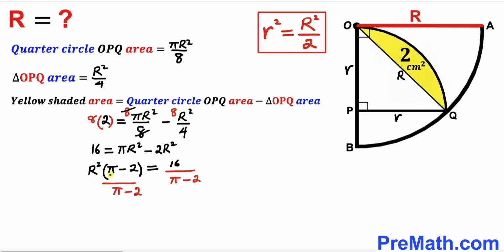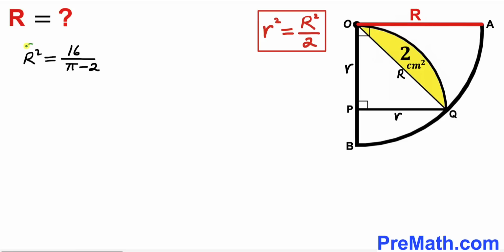And here we can see this pi minus 2 and this pi minus 2, they are gone. So we end up with uppercase R square equal to 16 divided by pi minus 2. So thus our radius uppercase R square turns out to be equal to 16 divided by pi minus 2.